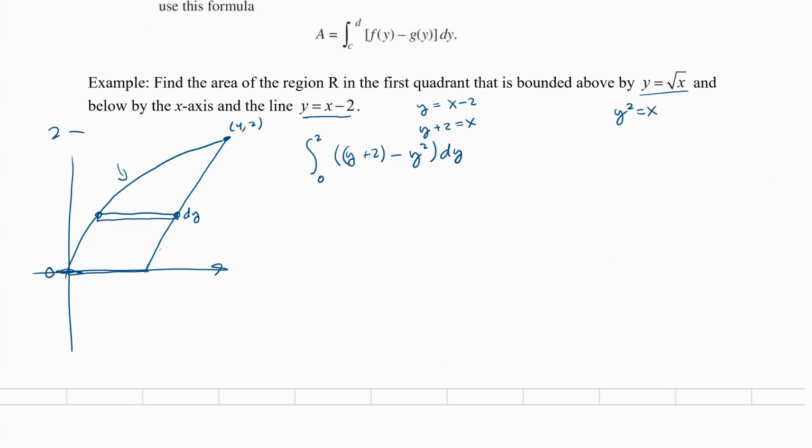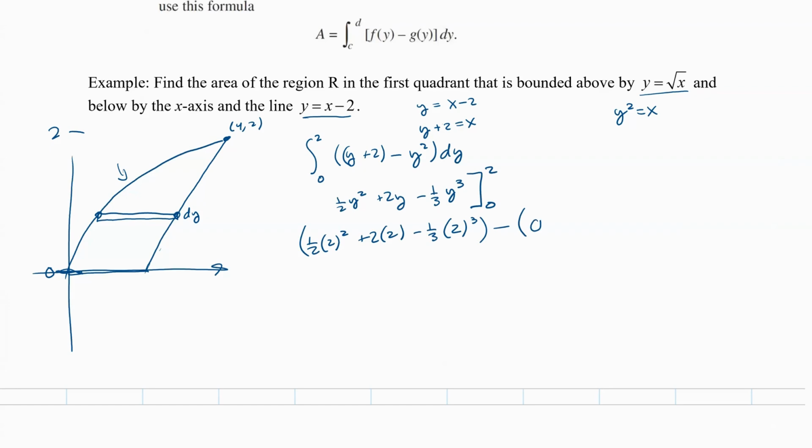And we can see that this expression does seem a lot simpler than the one that we worked with earlier. Let's go ahead and take that antiderivative. 1/2 y squared plus 2y minus 1/3 y cubed, evaluated from 0 to 2. So I get 1/2 times 2 squared plus 2 times 2 minus 1/3 times 2 cubed. That's me evaluating at the high end.